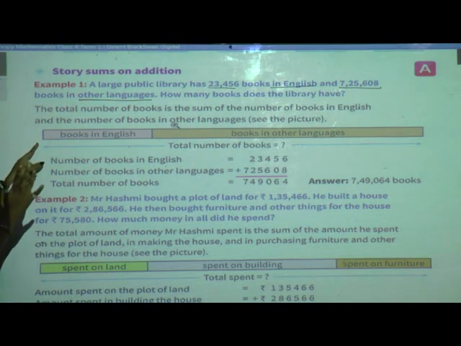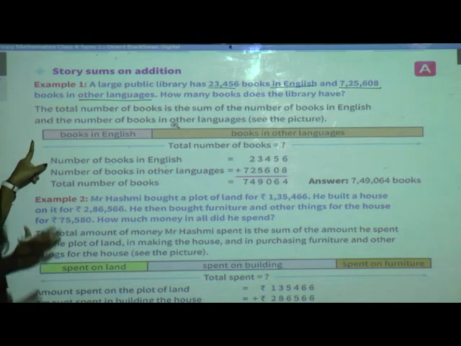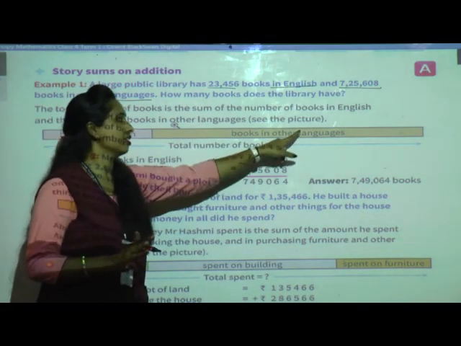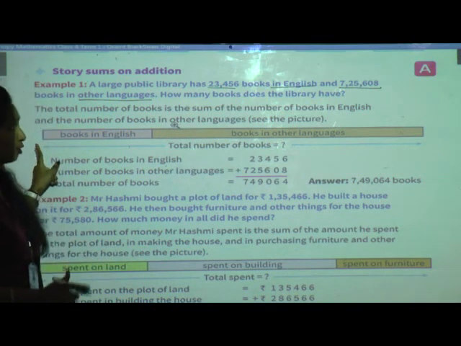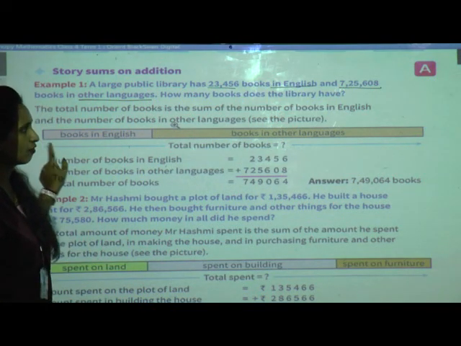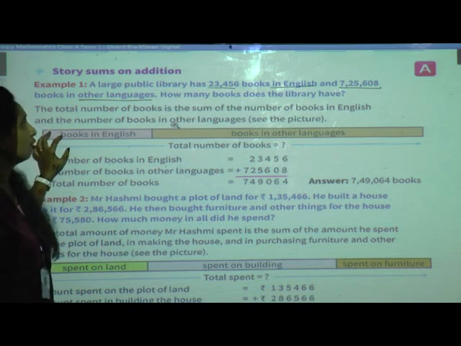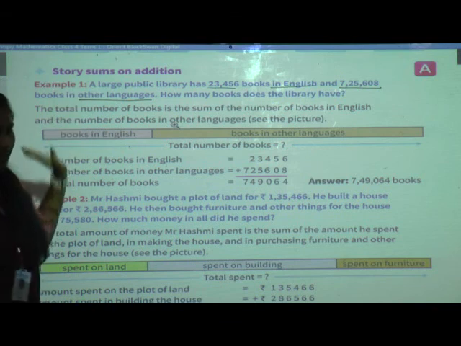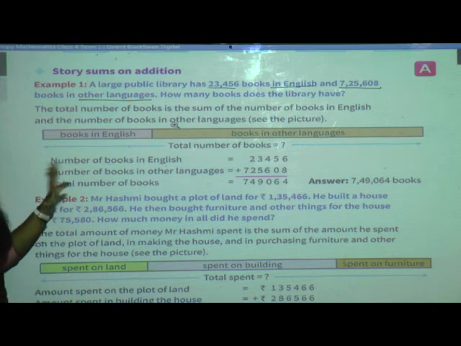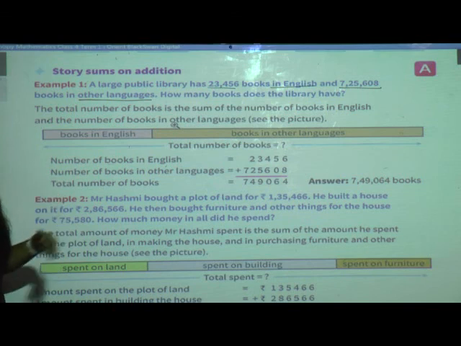See, what you have to do? First, you have to draw one box in this way. In that, whatever given information is there, we have to put in the picture. So already they said story sums on addition, so we have to do the addition, but by seeing the question also you should understand whether it is addition or subtraction.